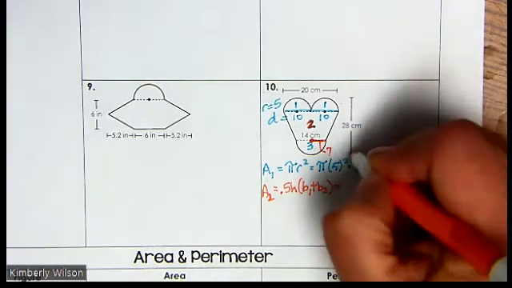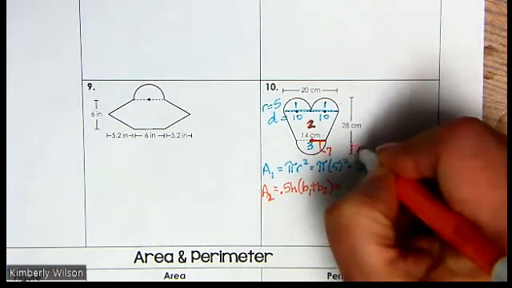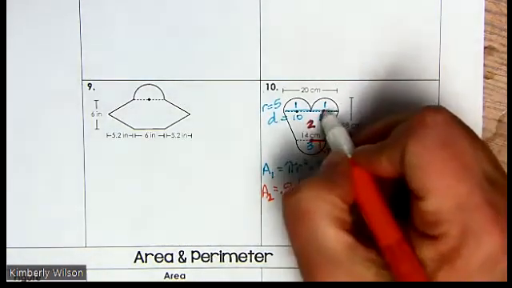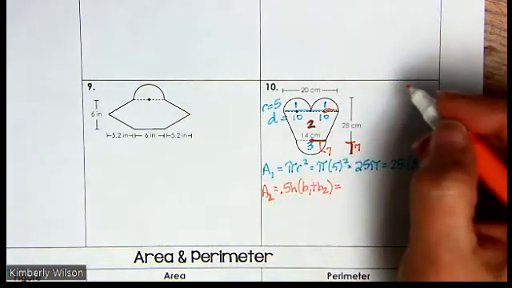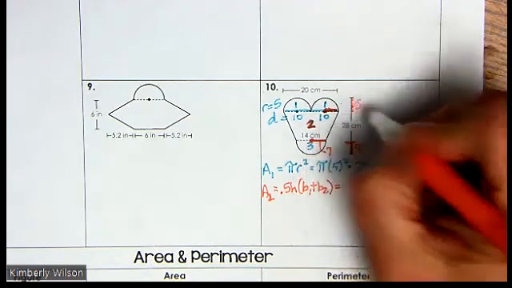So the distance from here to here is 7. If this is a 5 from here to here, then the distance from here to here is 5.